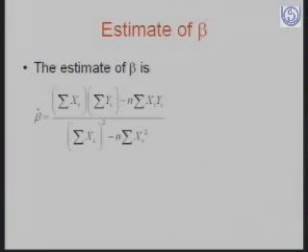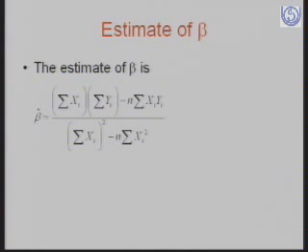Now let's come to how we estimate this model. The OLS model that we have taken is yi equals alpha plus beta xi plus epsilon i. On the basis of the least squares method, we estimate these equations, and we minimize the square of epsilon i.